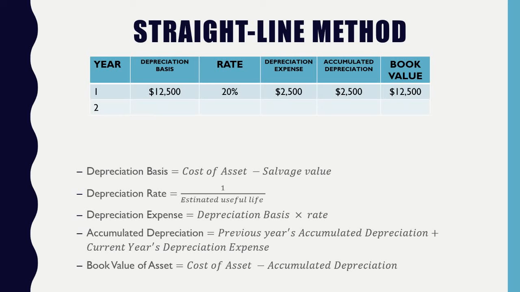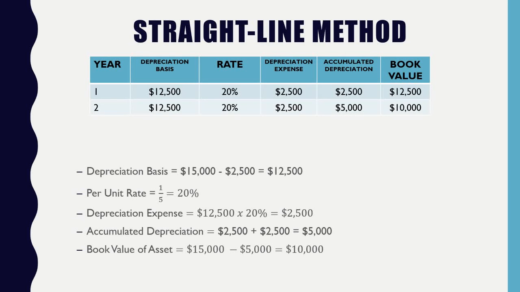It's going to be the cost of the asset minus salvage. So it would still be the same, right? Yeah, it remains the same. Correct. And we realize that the rate's going to be the same as well. What else is going to be the same? The depreciation expense. That's correct.